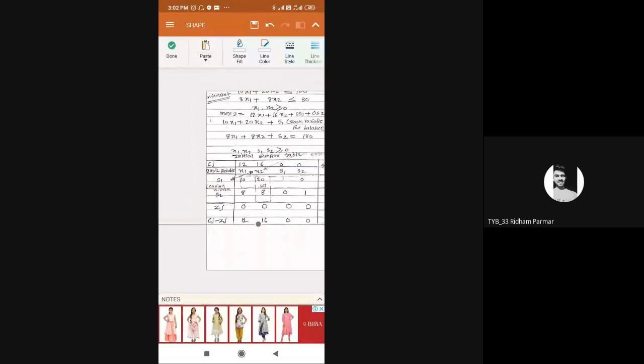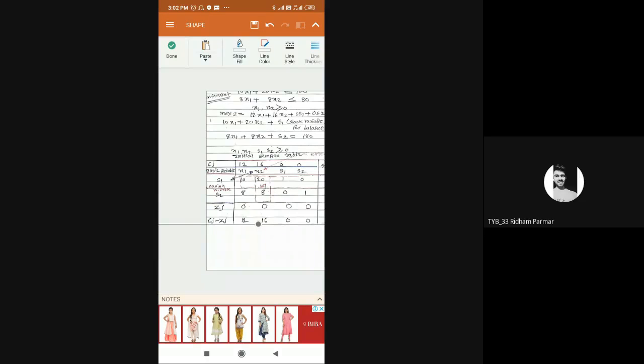Once again I will repeat. CB is there. In the CB column, zeros are there. So you go for multiplication of each row and column elements we have written. For example, below x1, 10 is there, and our CB is 0.